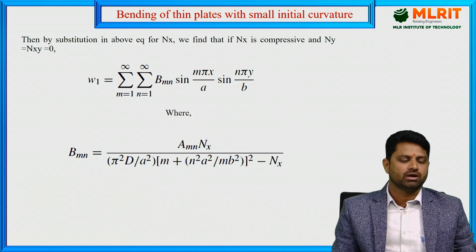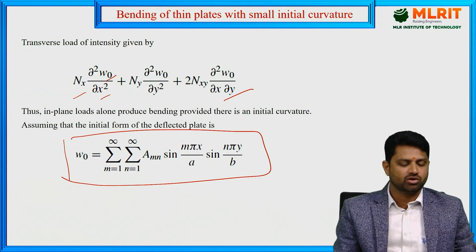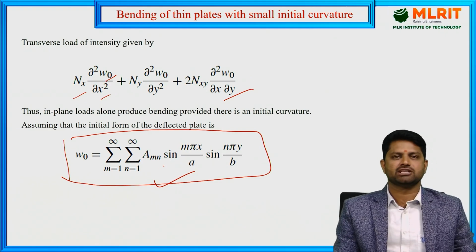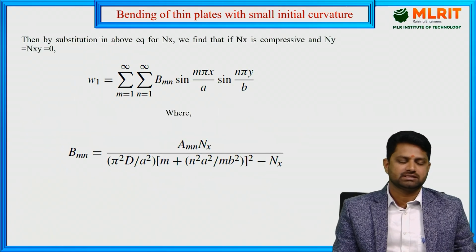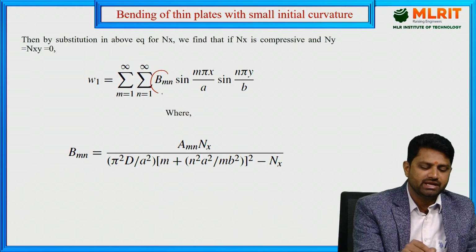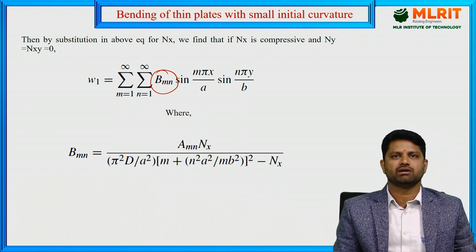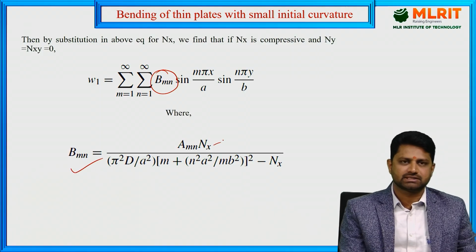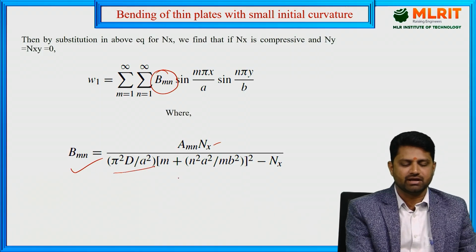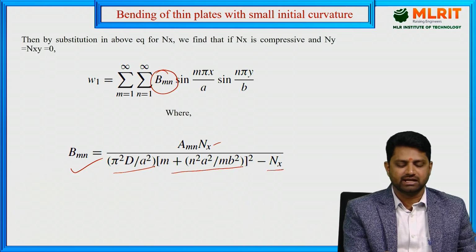When you substitute all these loads for Nx and everything, and if w0 is given as Amn sin(m pi x by a) sin(n pi y by b), then the change in deflection, that is w1, is taken as Bmn, another unknown coefficient, that is Bmn sin(m pi x by a) sin(n pi y by b), where Bmn equals Amn into Nx divided by [pi square D by a square into (m plus n square a square by m b square) whole square minus Nx].